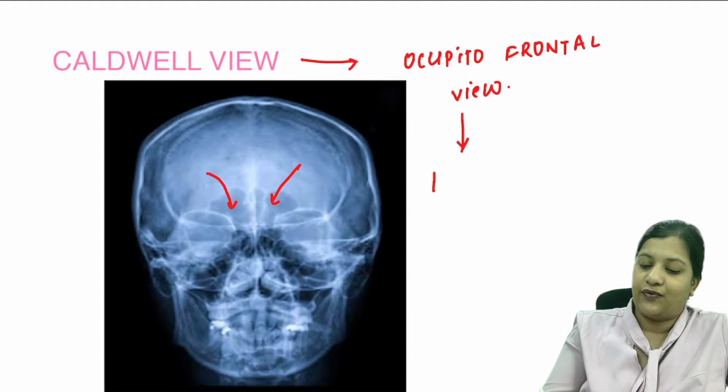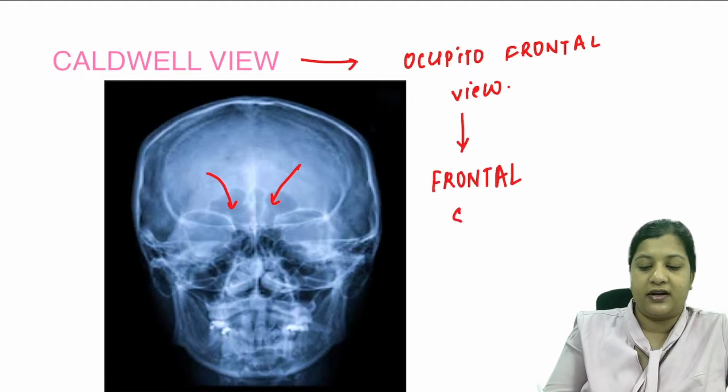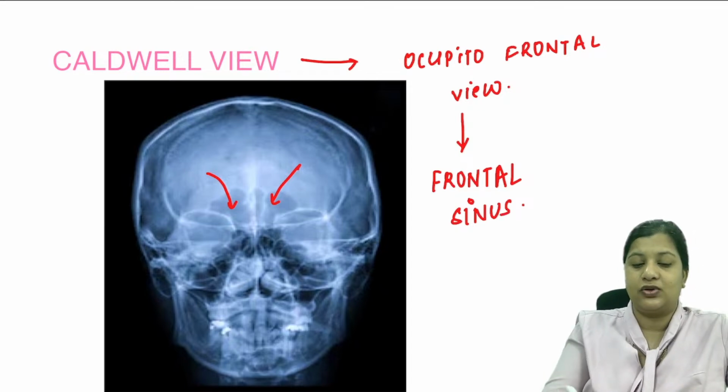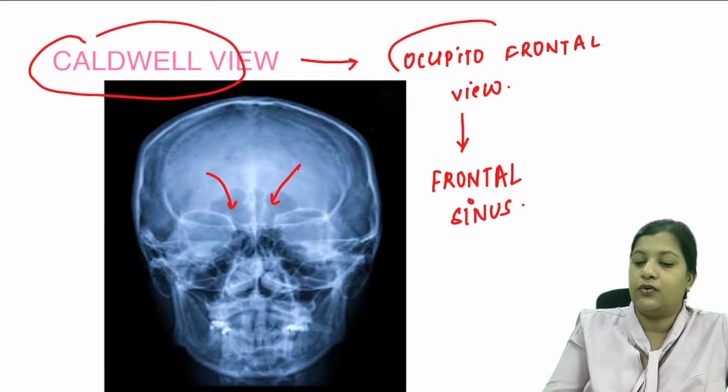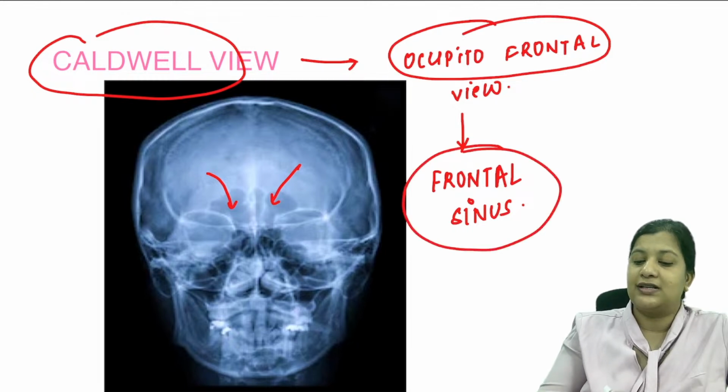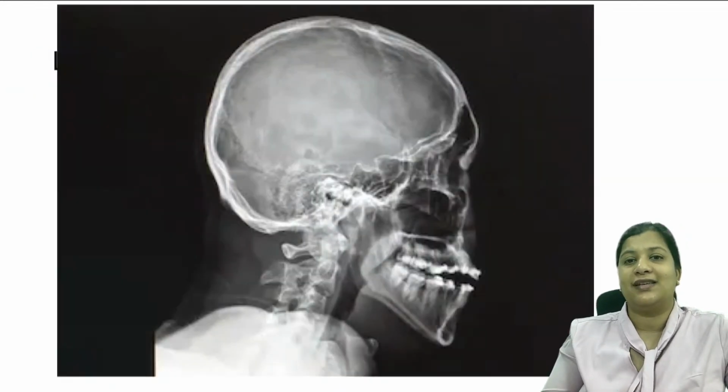Yes, it is used for identifying the frontal sinus. So very important, it is used for your frontal sinus. They can tell you the view, or they can ask you which sinus is going to be viewed on this X-ray.